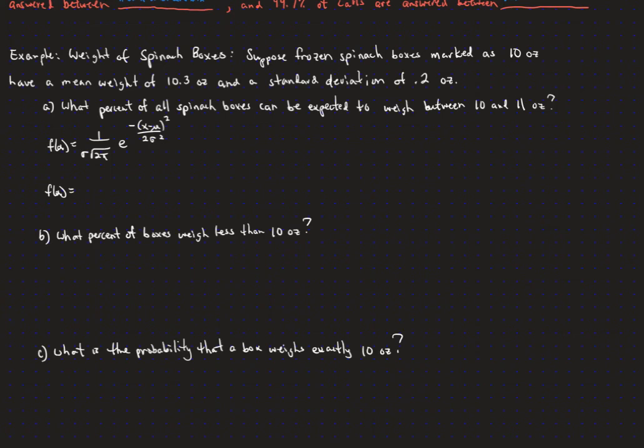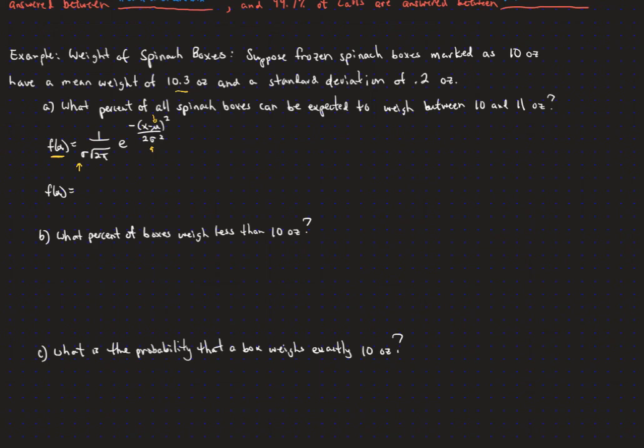Well, first let's figure out what our probability distribution function looks like in this particular case. So we're saying that the standard deviation is going to be 0.2, so we're going to plug that in those places, and that the mean is going to be 10.3, and so that's going to go in that place.